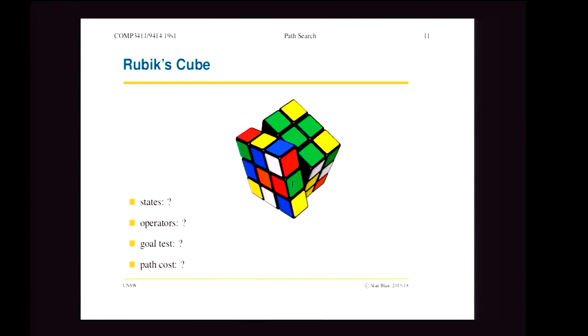Okay, so, right, well, that's a possible answer. So, who said 6? Yeah, so 6 is the number of faces. So what did you say? How many? 24. 54. Anyone else want to make a guess?